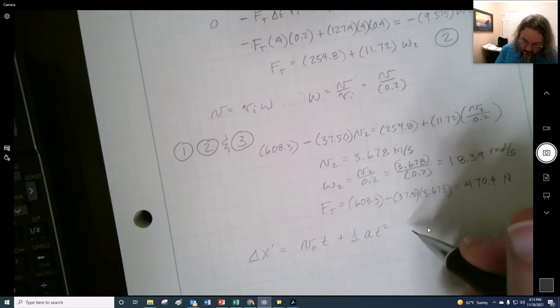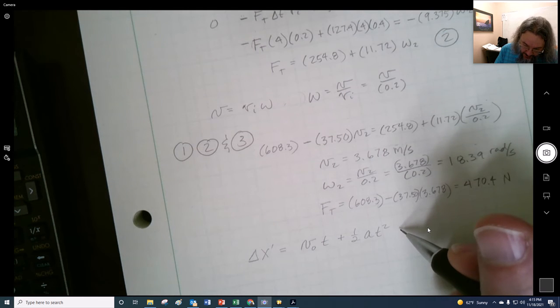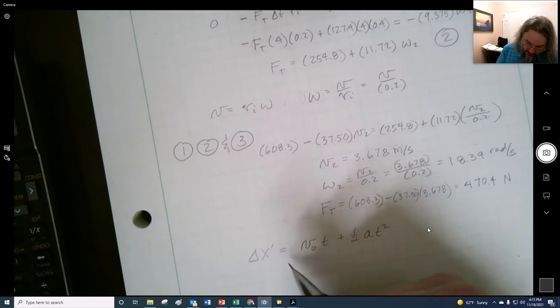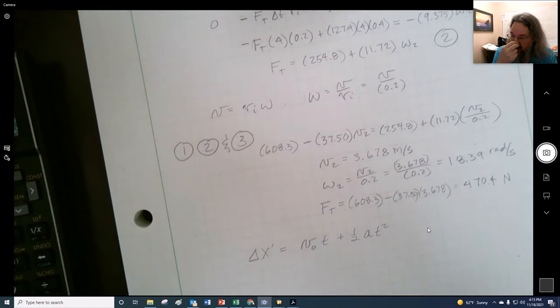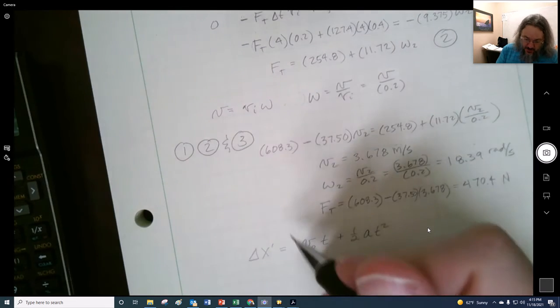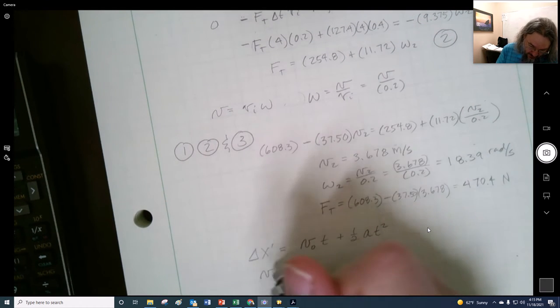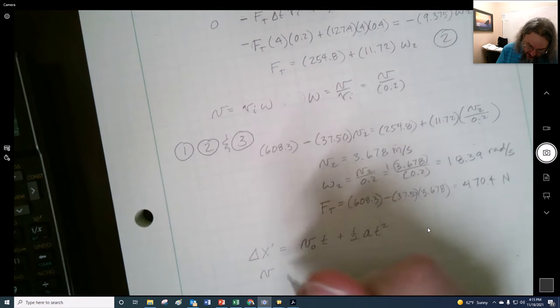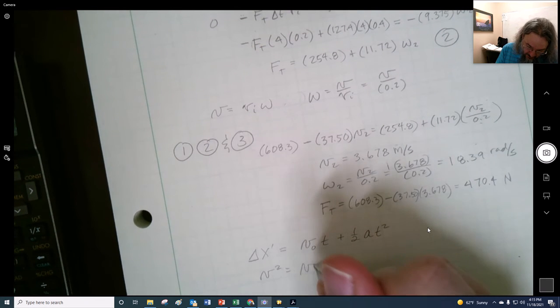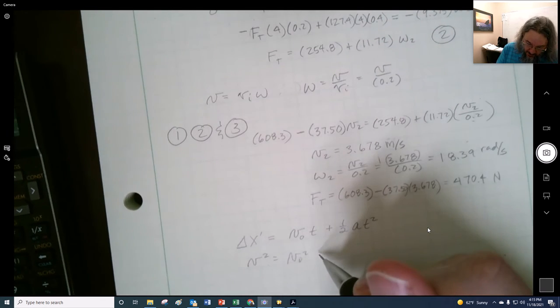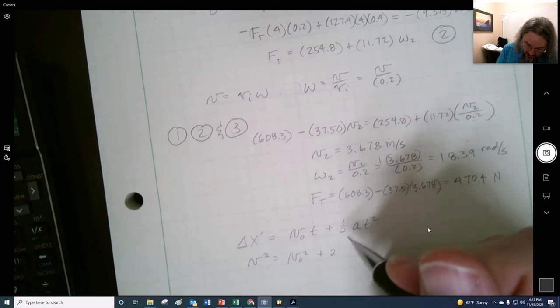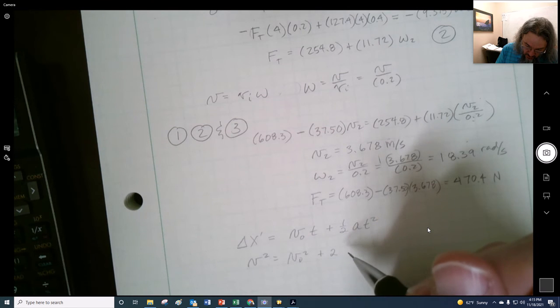I think so. Okay. So we don't have the distance. Darn. But we have the final velocity. We have the initial velocity squared plus 2 times... No, we don't have that.